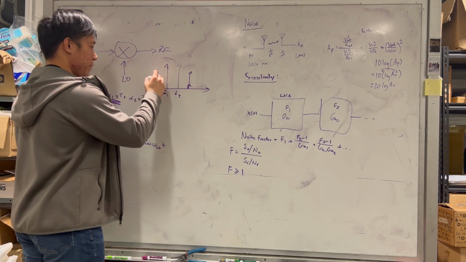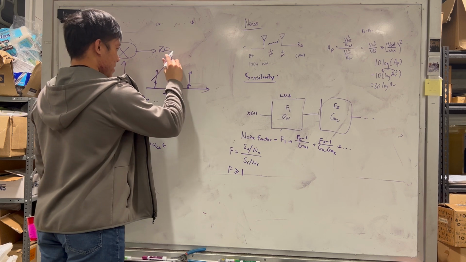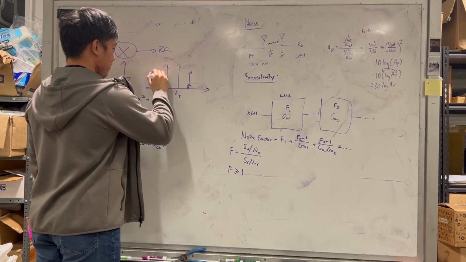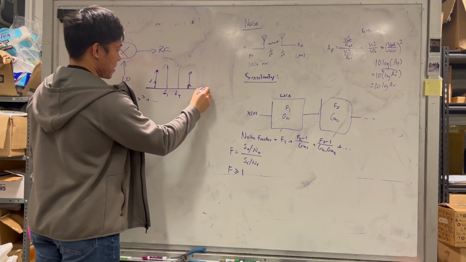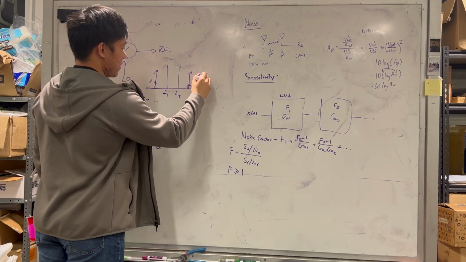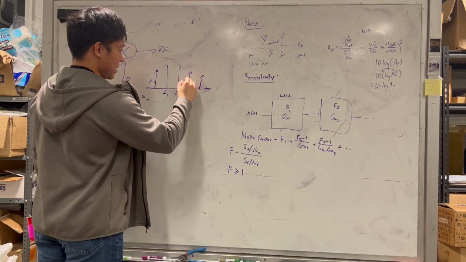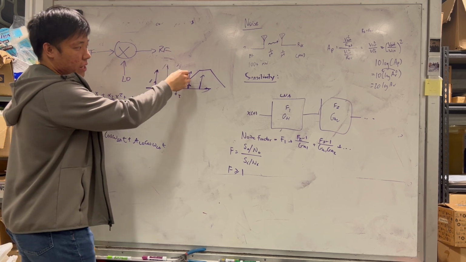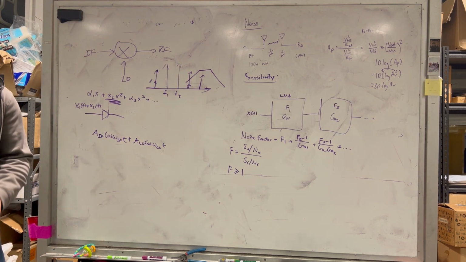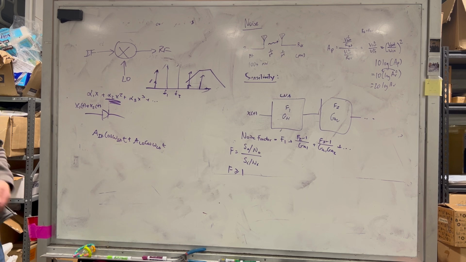And so now a filter that is normally like this, let's say your desired signal of interest is somewhere like here. Normally a filter like this would have been able to capture it, but now since your spurious products are bigger, you might actually still see them. Right, there you go.